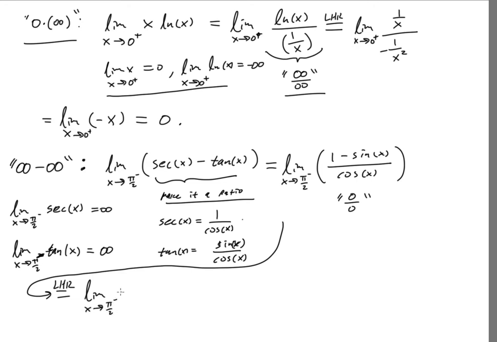Coming from the negative side of pi over 2, we take the derivative of the top and get negative cosine of x all over negative sine of x, and that's going to lead us to a 1 over 0, which is equal to 0. So we're able to compute that limit once we got it massaged a bit.